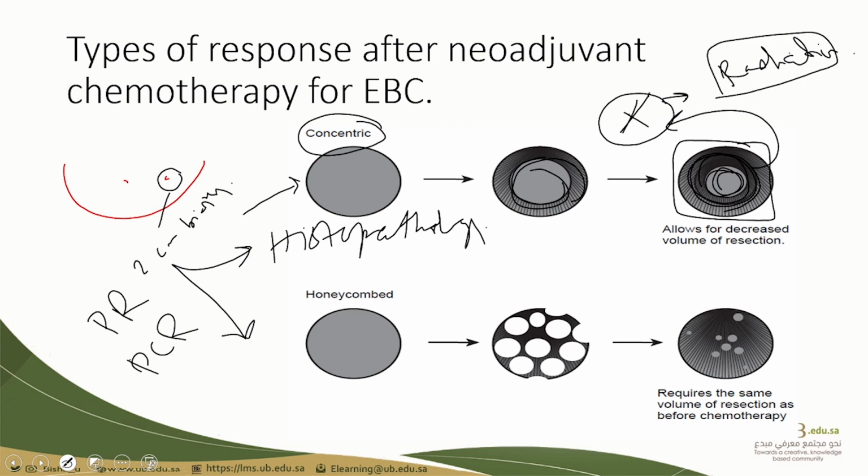We have partial pathological response, either concentric or honeycomb. If it is honeycomb, that means there are resistant tumor cells here, resistant to chemotherapy. So you have some cells here still, and those patients require the same pre-neoadjuvant therapy plan. If you planned them for mastectomy, do the mastectomy.